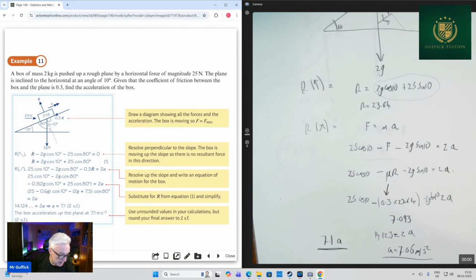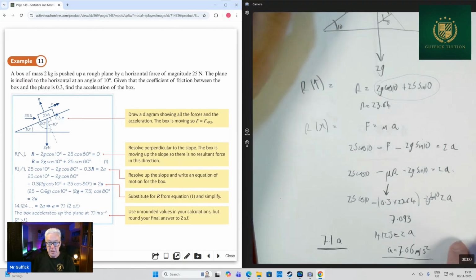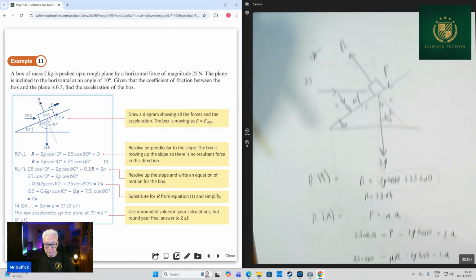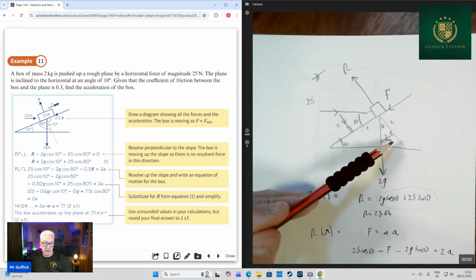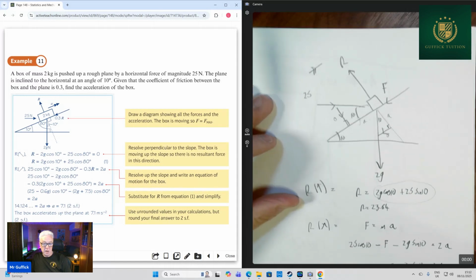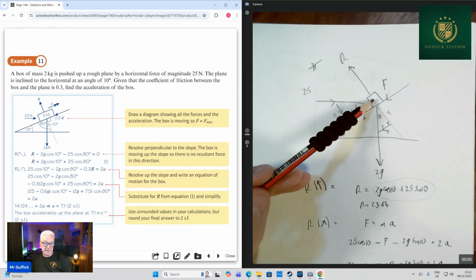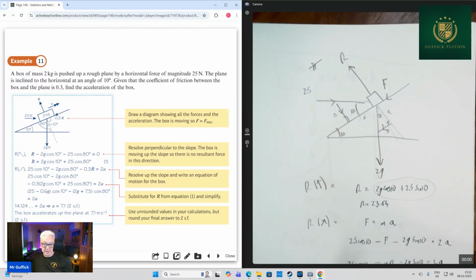How do you know when to equal the equation to 0 and when not? Okay, SV, the answer to your question is this: it depends on whether it's moving. When we resolved perpendicular to the plane, it was in equilibrium, which basically means that the forces acting that way equaled the forces acting that way.